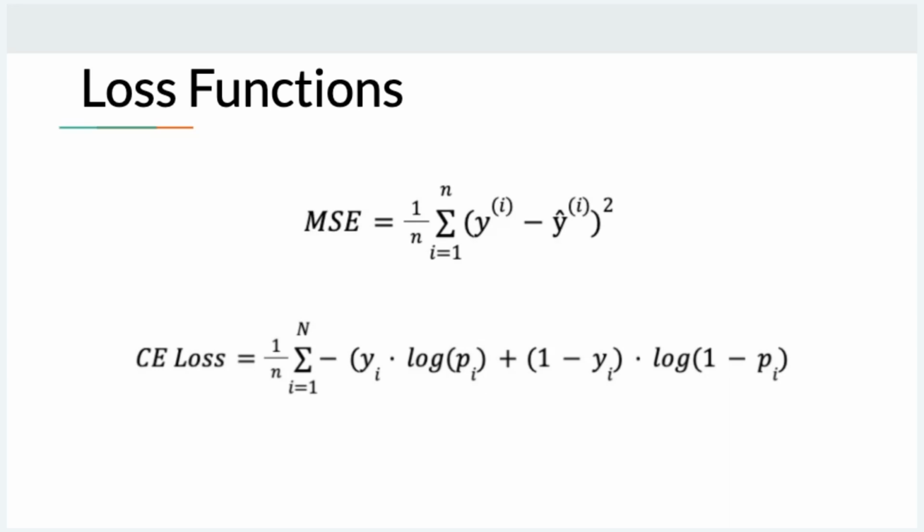But for certain cases, you can have more complicated formulas, like cross entropy, or you can have logarithmic losses and everything, right? These are just two examples in front of you, but this is what a loss function is.